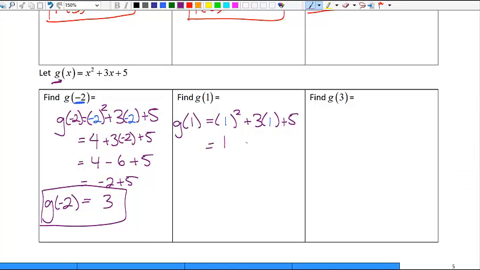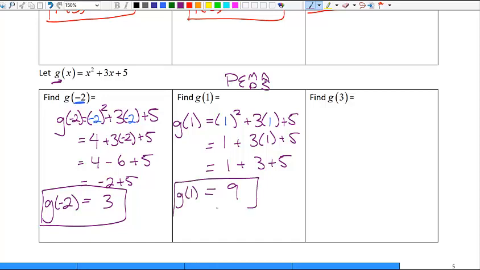I do exponents first for PEMDAS, which is 1 squared, and 1 squared is 1. Then I do my multiplying, which is 3 times 1, which is just 3. Then I do all my add and subtract. 1 plus 3 is 4, plus 5 is 9. So therefore, g of 1 is equal to 9.